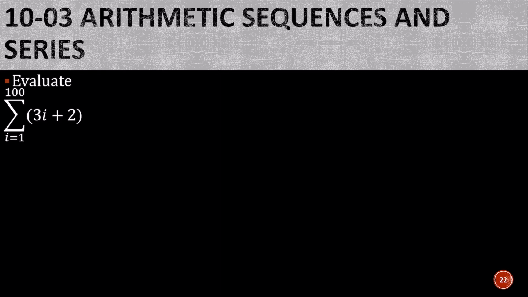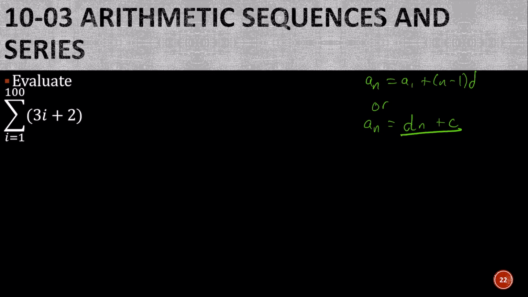All right, for our last example, let's evaluate this summation. But how do we know if this is arithmetic or not? Well, remember the arithmetic formula is a_n equals a_1 plus n minus 1 times d. Or, if we multiply this out, we'd have a_n equals dn plus c, where c was a_1 minus d.